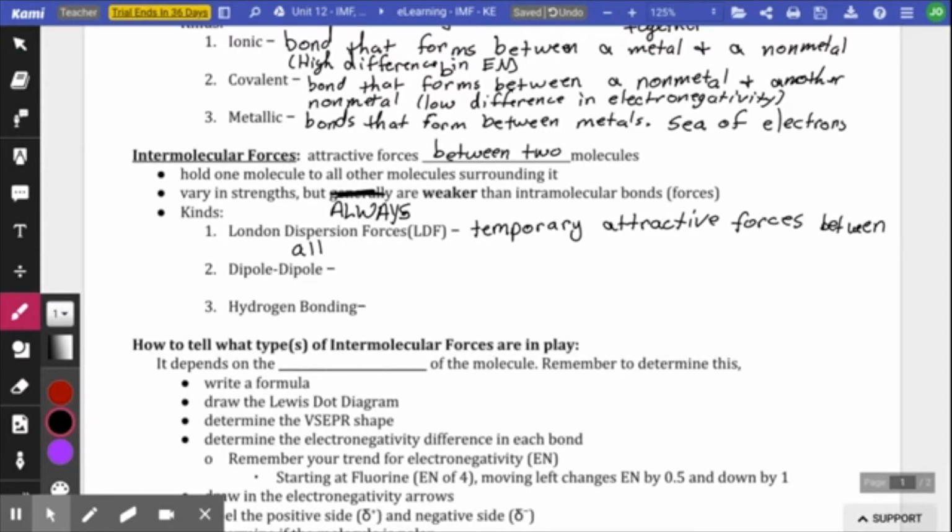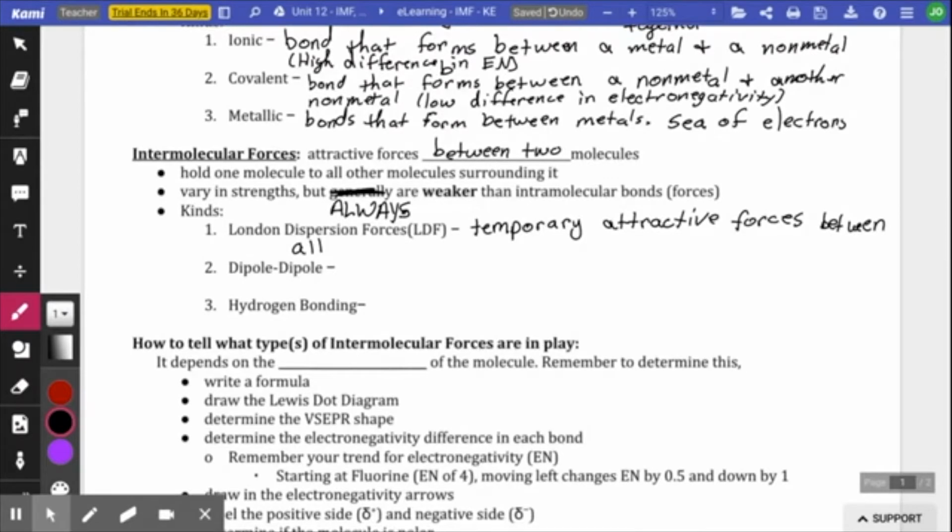And it is in every type, both polar and nonpolar. So all molecules, polar and nonpolar. This is in all types of intermolecular forces.